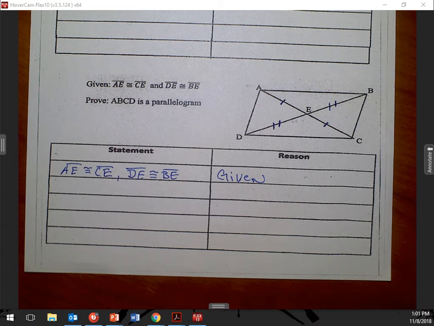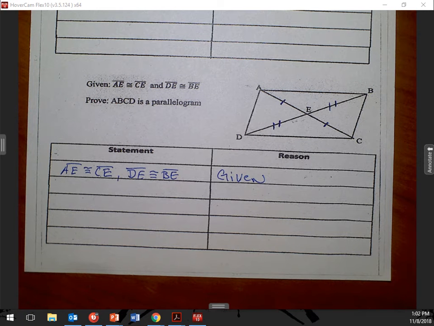What does that give me? Vertical angles. Where are my vertical angles? DB and AC. That's the X, but vertical angles is the angle in between. At E, right? But isn't there 4 angles here?